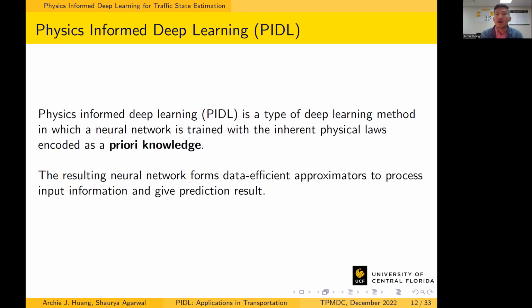So here, I want to talk about the differences between a PIDL and a regular deep learning neural network. What PIDL has is the ability to encode the governing physical equation as a priori knowledge into the training process of this deep learning neural network.